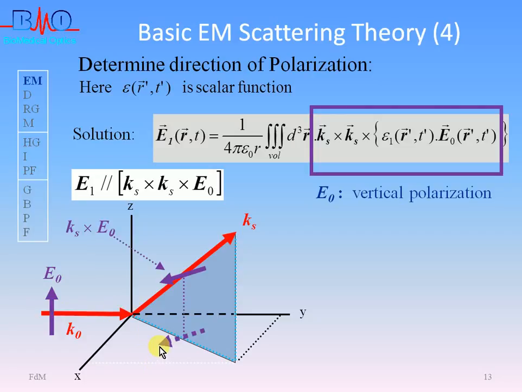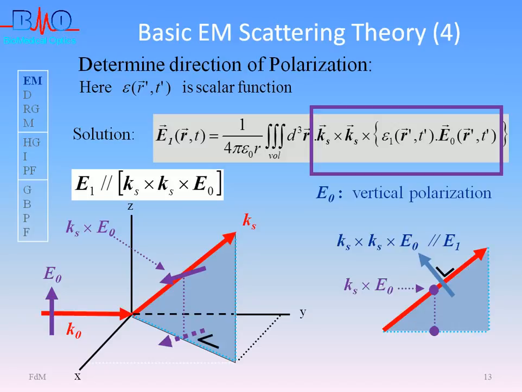Then Ks times E0 will be in this direction, perpendicular to Ks and E0. When we look at this plane, Ks times E0 is pointing out of the plane, and Ks times E0, which is parallel to E1, is pointing in this direction, and it can be seen here, E1.